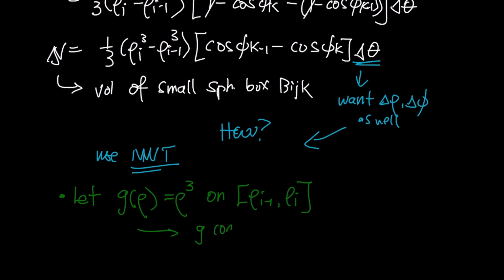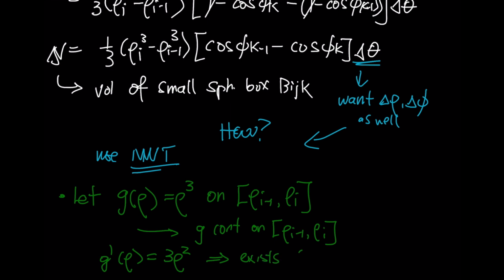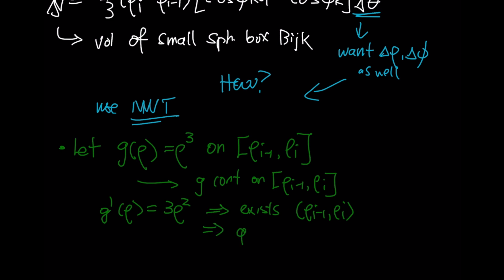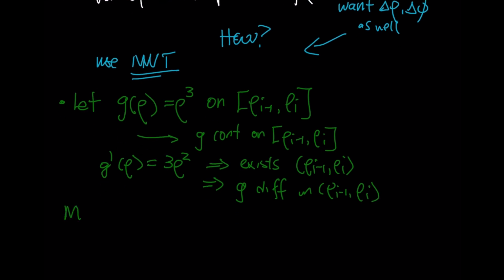g is definitely continuous on that closed interval. g prime of rho is 3 rho squared, which means this exists on the open interval, which implies that the g function is differentiable on our open interval. That means we've got the mean value theorem conditions satisfied, so the conclusion of the mean value theorem holds.